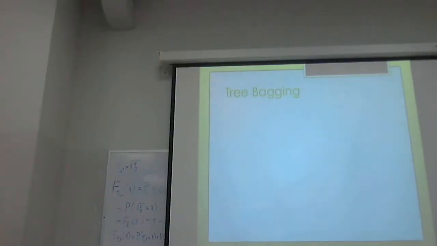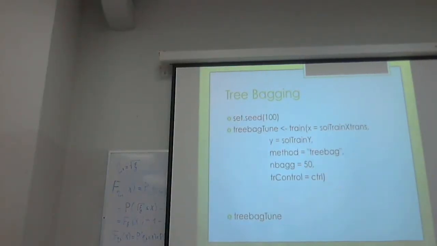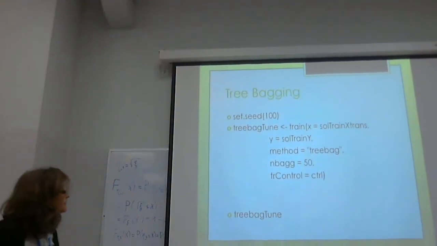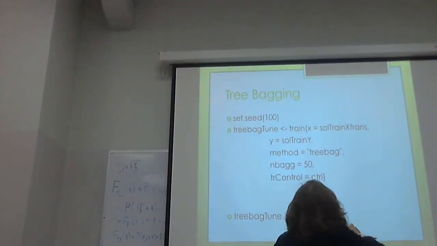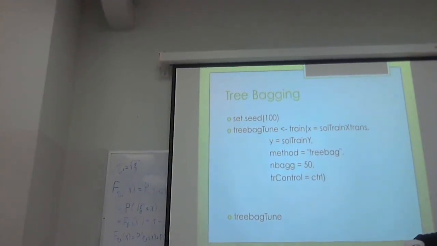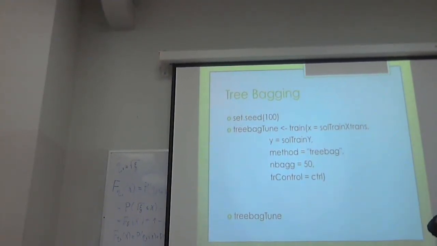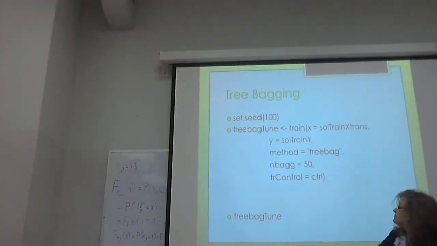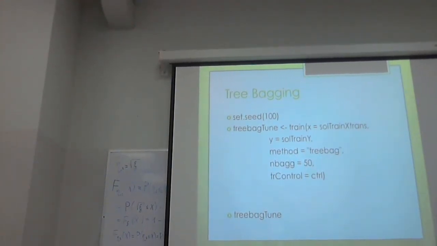But now let's try to do bagging on trees. For that you don't have to install anything, fortunately, and the method is called just treebag. That's simple. Just to save time, we'll try only 50 trees, the number of bagging iterations.